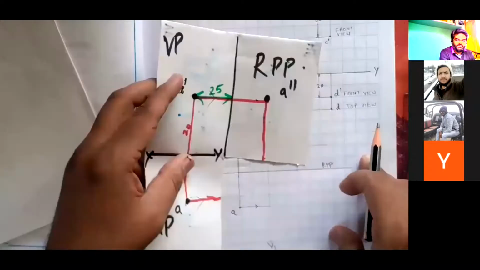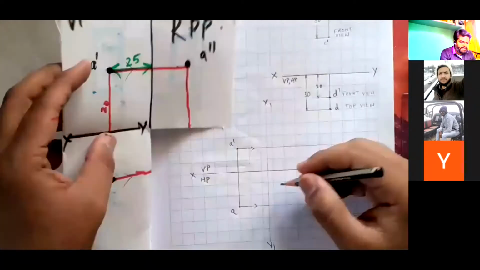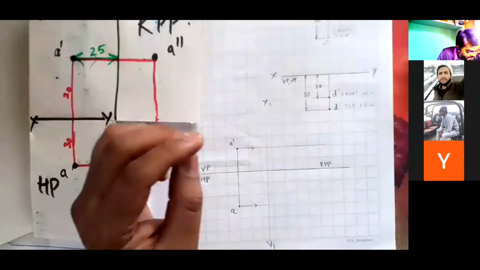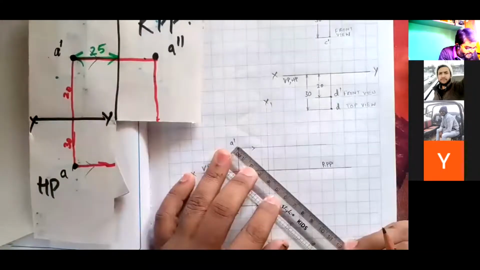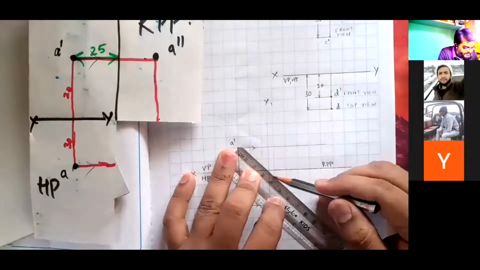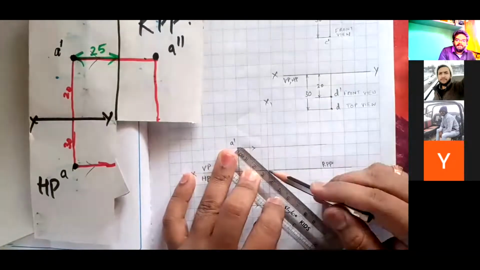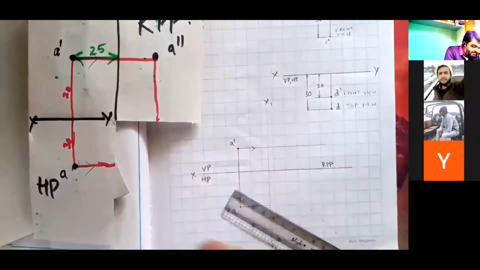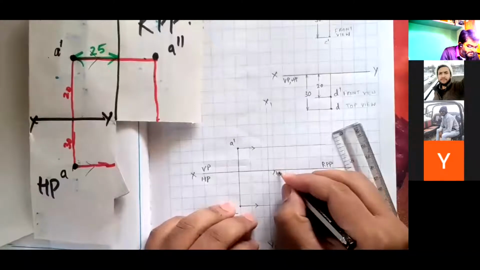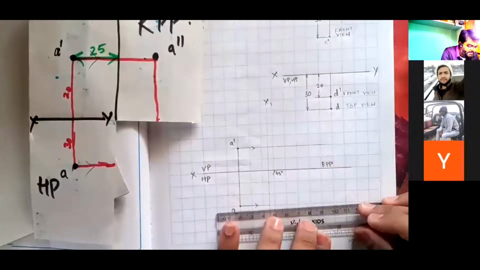connect these positions. So I have to draw a 45-degree line from here to the next level. I'm just drawing a 45-degree line joining the midpoints. This is a 45-degree line, and mention this as 45-degree. From here you draw a line to where it meets the 45-degree line.